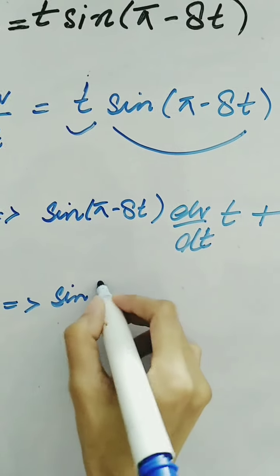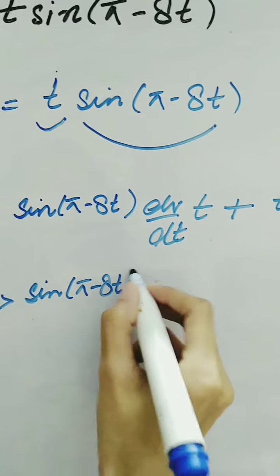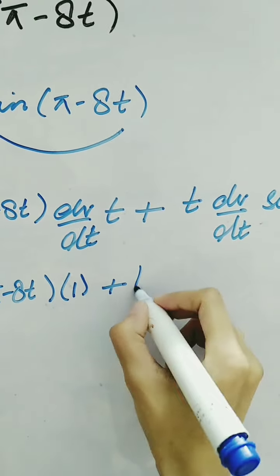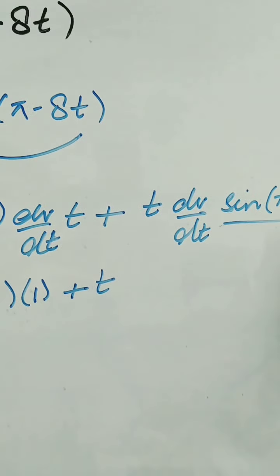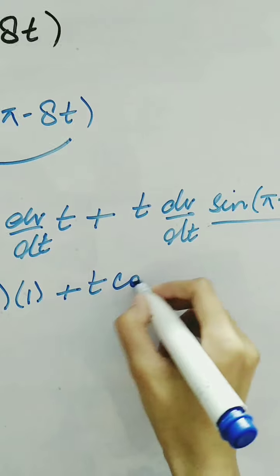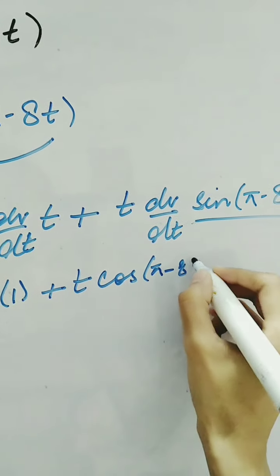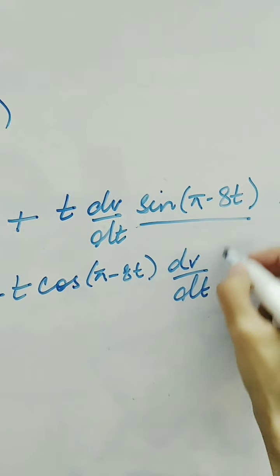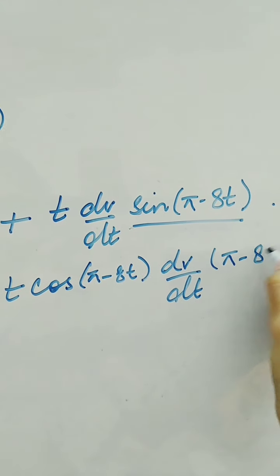Now we have sin(pi minus 8t), and the derivative of t is 1, plus t comes as it is, and the derivative of sine of an angle is cos of the angle, and we further take the derivative of the angle, which is pi minus 8t.